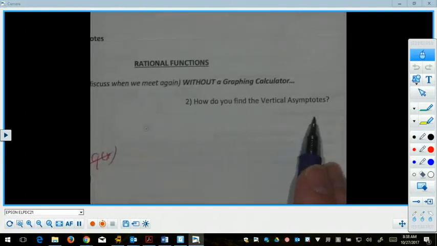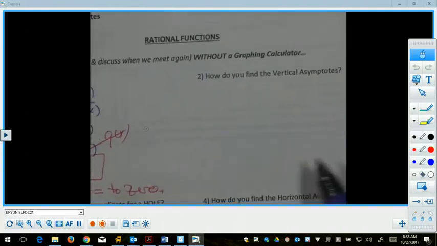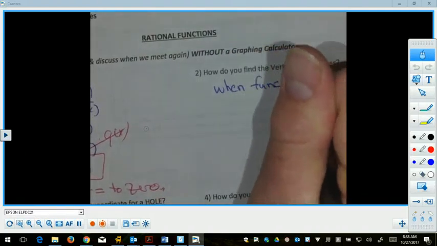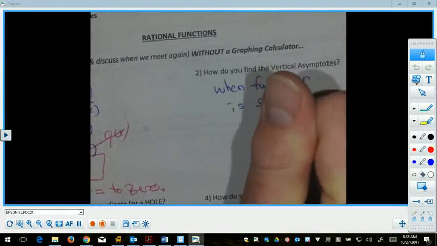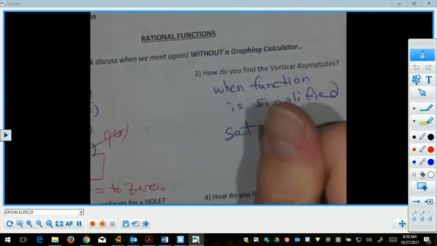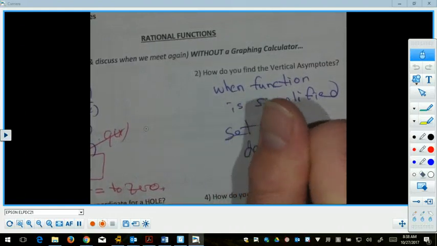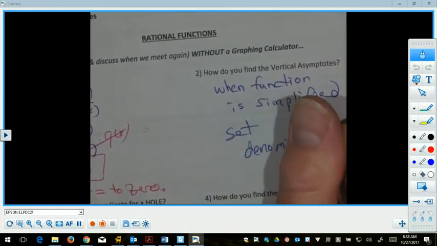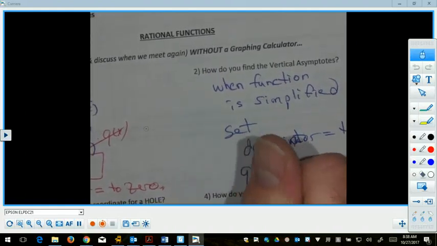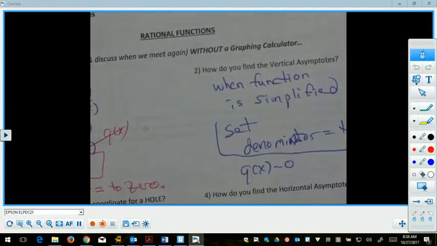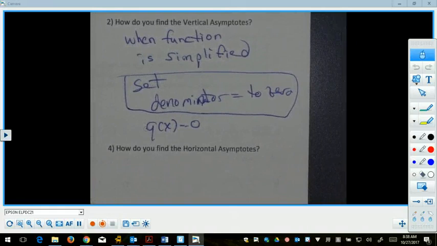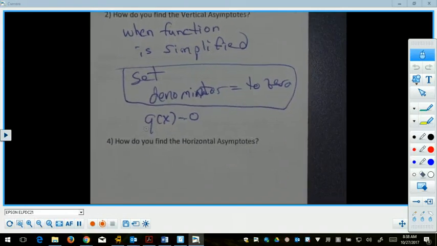How do I find the vertical asymptotes? Well, when the function is simplified, you set the denominator equal to 0. So q of x gets set equal to 0. When the function is simplified, set the denominator equal to 0.